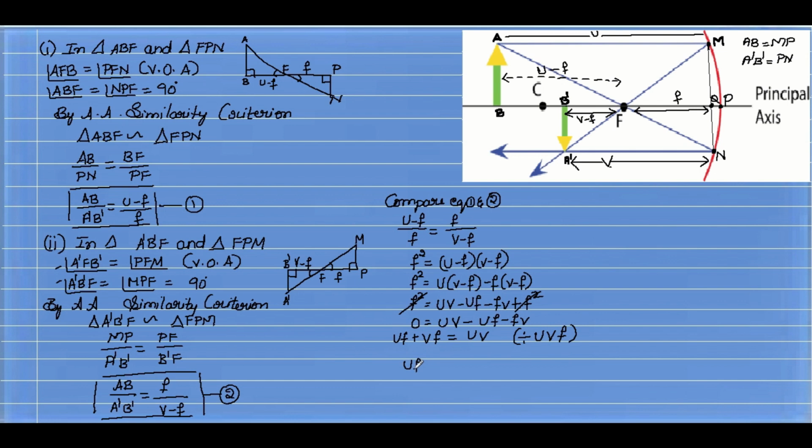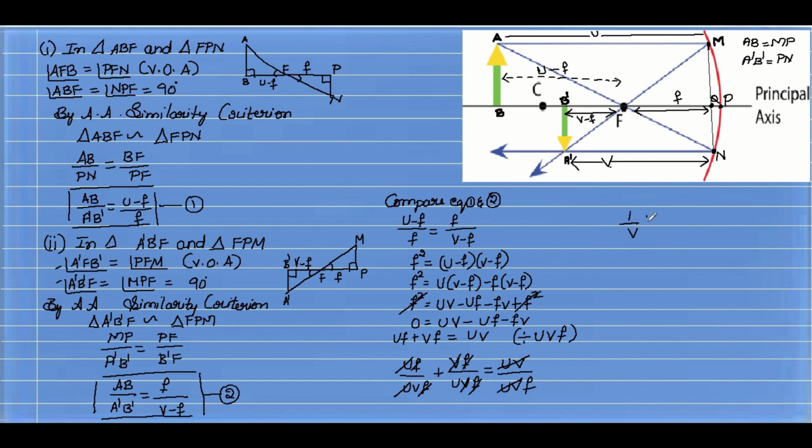So it will become UF by UVF plus VF by UVF is equal to UV by UVF. Okay, so here UF and UF cancel each other, VF and VF cancel each other, UV and UV cancel each other. So what is remaining here?